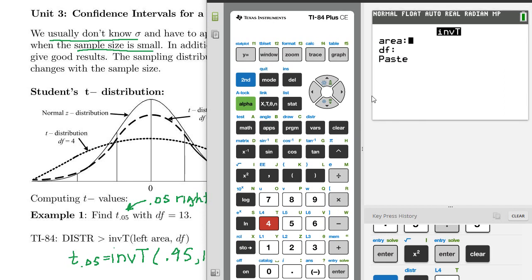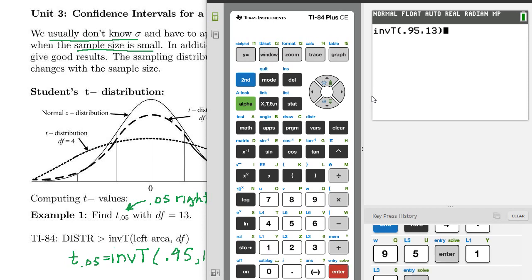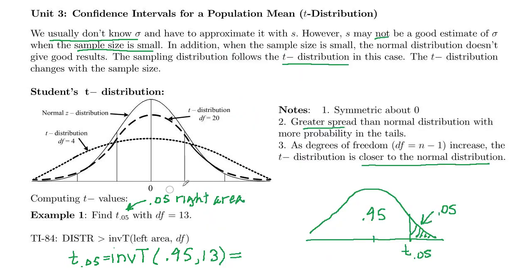We put in our left area, 0.95, and our degrees of freedom, df, which was 13. Paste it, enter: 1.7709, or 1.77. So the t-value of 1.77 has 5% of the area to the right and 95% to the left.